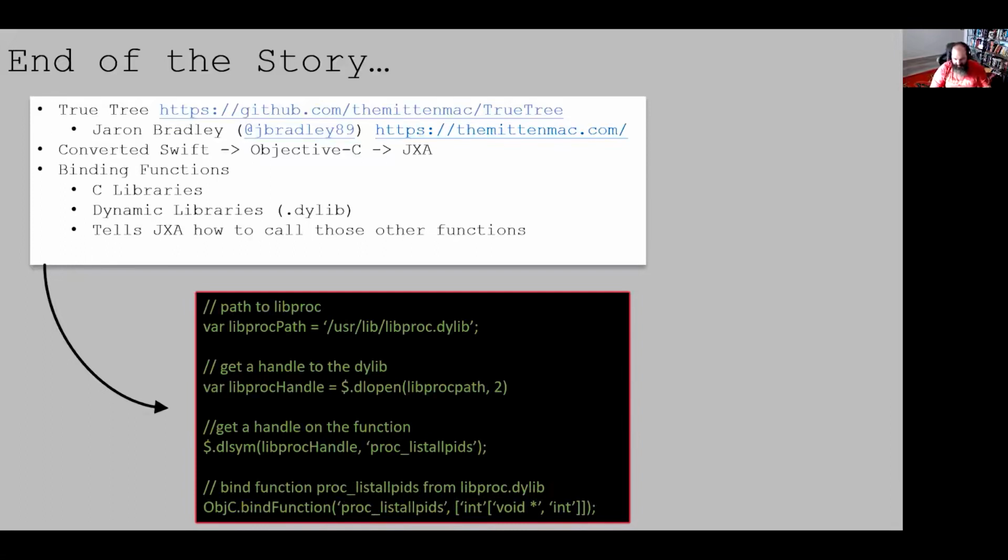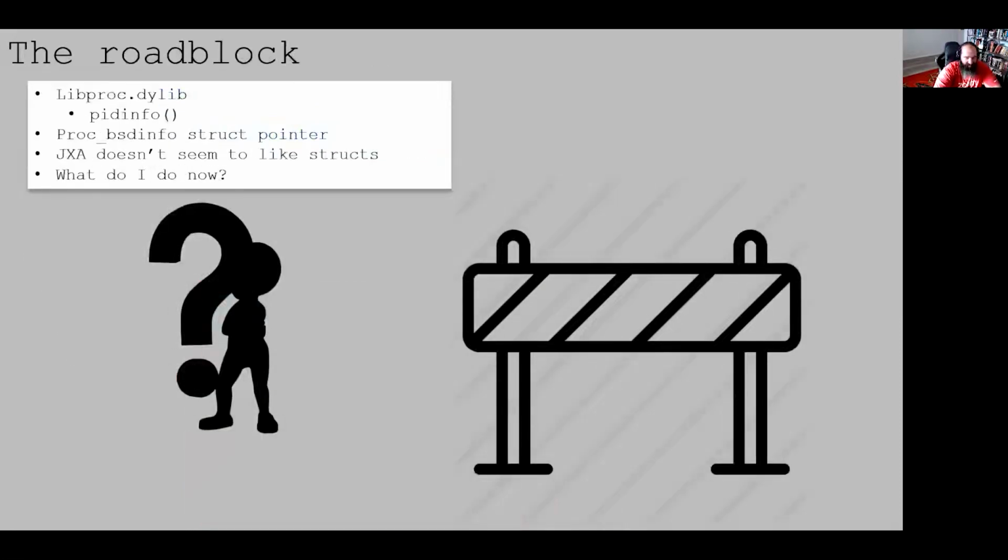So yeah, this really allowed me to dig into the OS processes, but I got stuck. But I really did find some really cool stuff my team can do on red team operations. I was unable to complete what the original task was, at least up to right now. The reason is that the most important function that I need from the libproc C library, in this case from the libproc dylib, is the function proc_pidinfo.